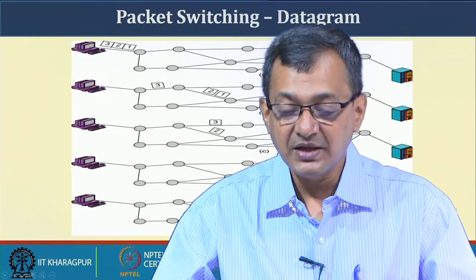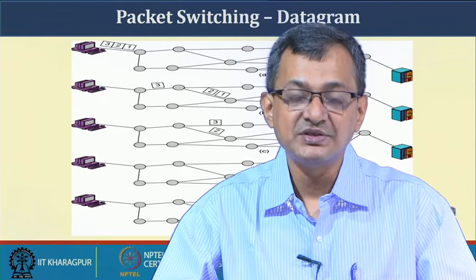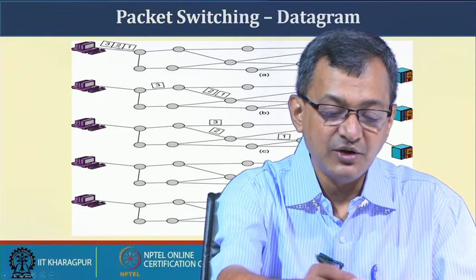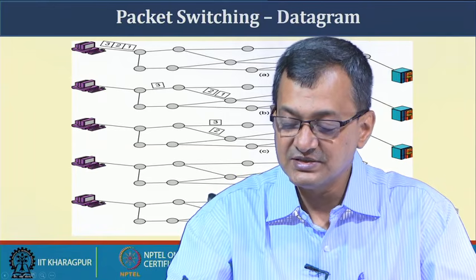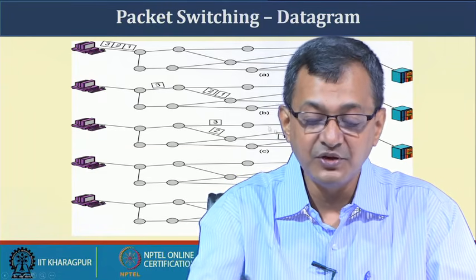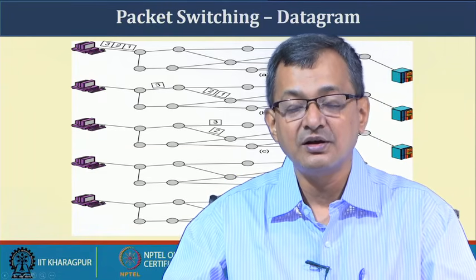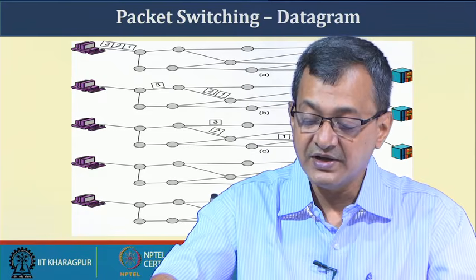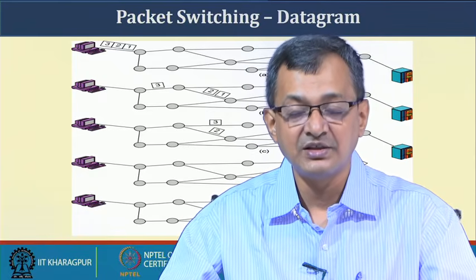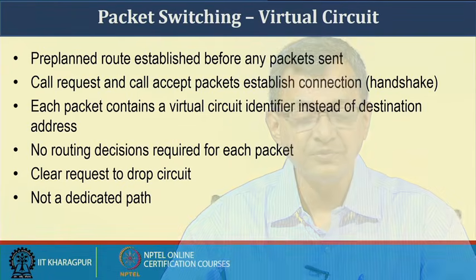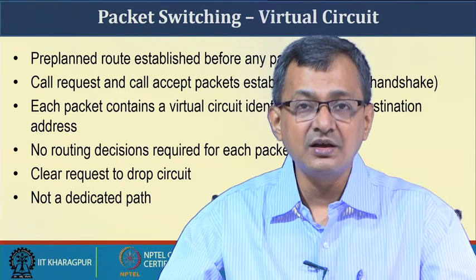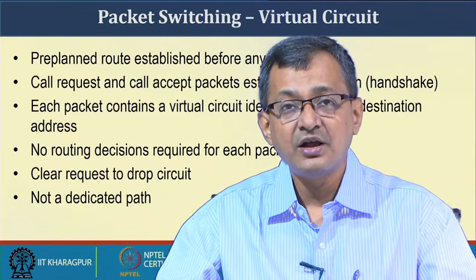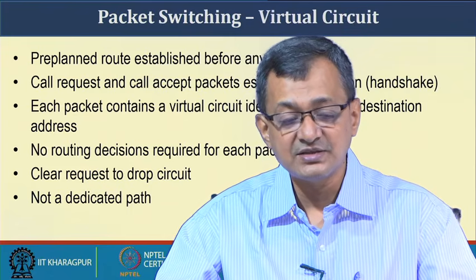Typically, if we look at a packet switched network, packets 1, 2, 3 going towards a particular node can follow different paths, and at the receiver end it accumulates and orders the packets in a proper way.